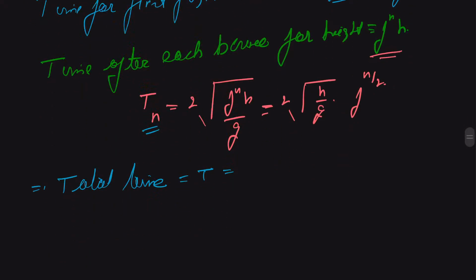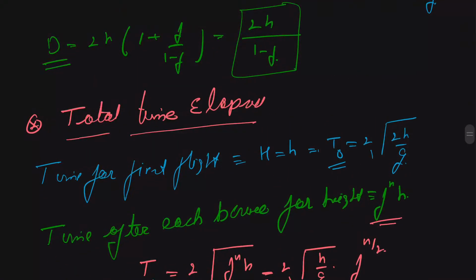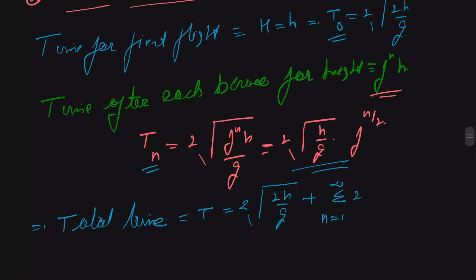Okay. So we can write our t naught as 2 square root of 2h upon g plus, and we can generalize this equation also, that is the summation n from 1 to infinity of 2, one second, yeah, here 2 is missing.